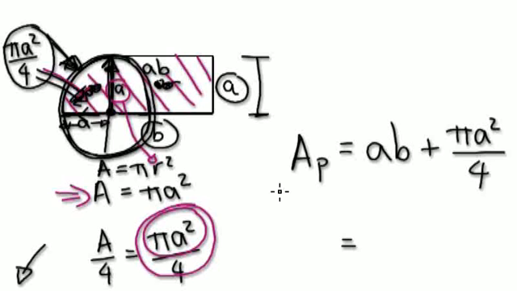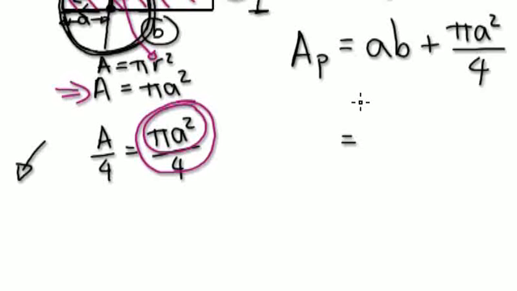Okay, so you could leave it as this. So basically, this here is the rectangle. This here is the quarter of a circle. We're just adding up the two. Now, you could leave it as this, but let's tidy it up.